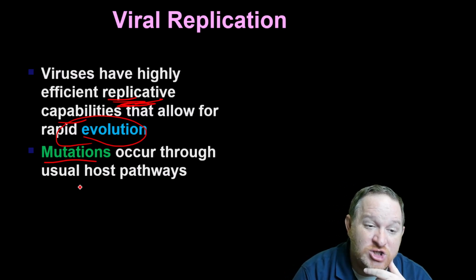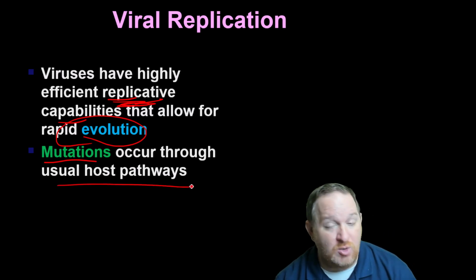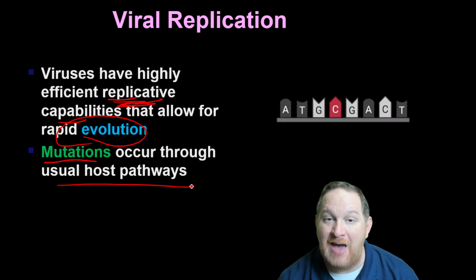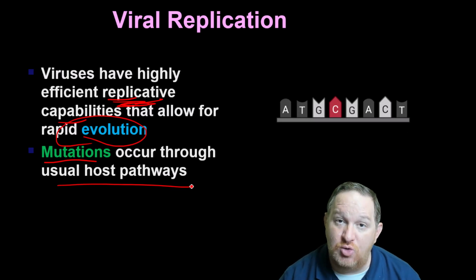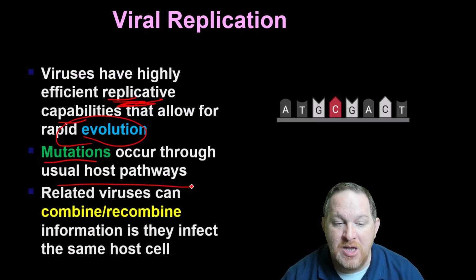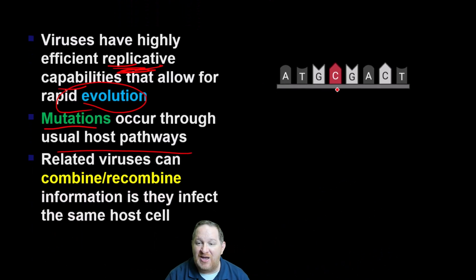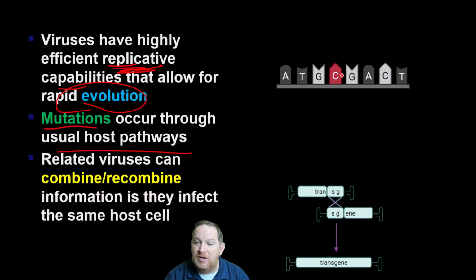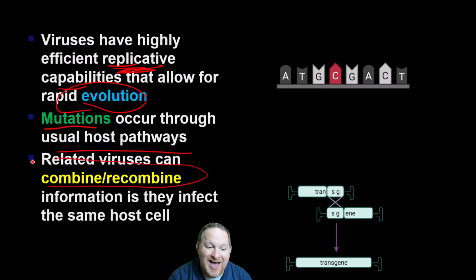So these mutations occur throughout this host pathway, meaning that more and more viruses are going to mutate more and more. If you think about, I've got an example of some DNA here, right? One of the things that viruses also can do is combine or recombine information in the host cell that they infect.